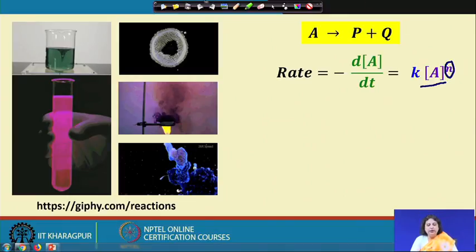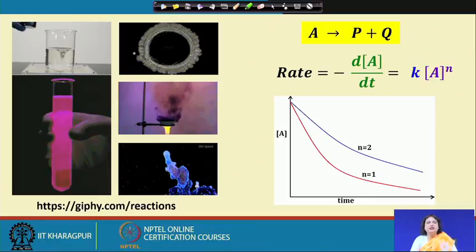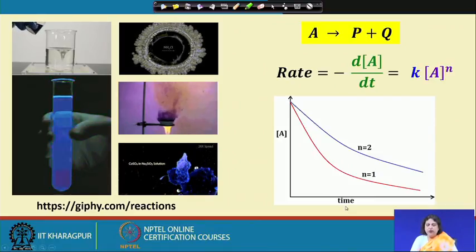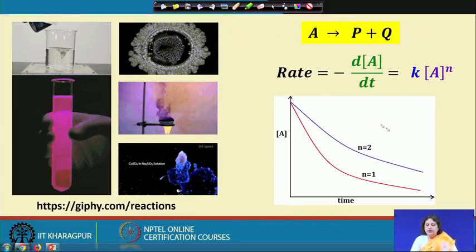And then what we do in the experiments is as follows. We try to, for example, plot the change in concentration of A as a function of time, and depending on what the order of the reaction is, you can have for the first order reaction a rapid decay in the concentration of A as it converts to P and Q. But if I have a second order reaction, then the decay profile of the concentration of A in time is going to be different.